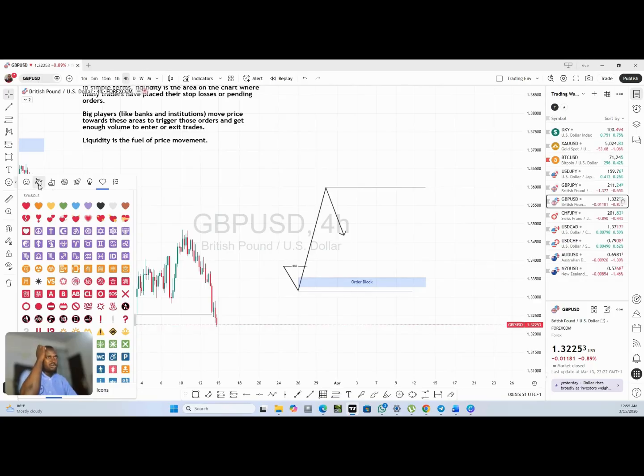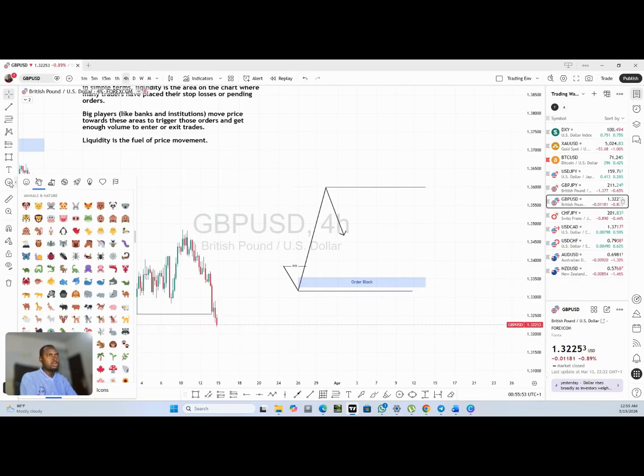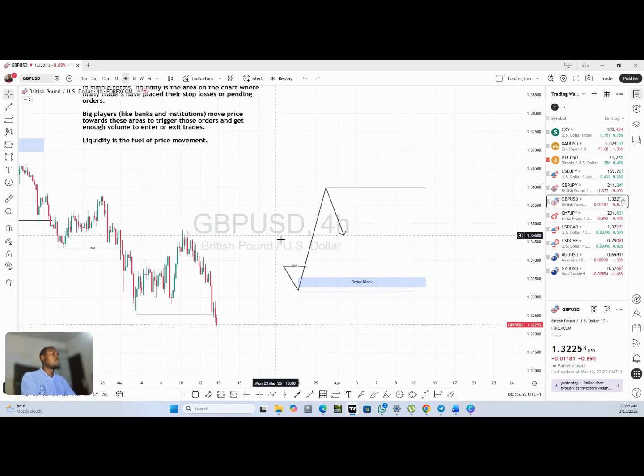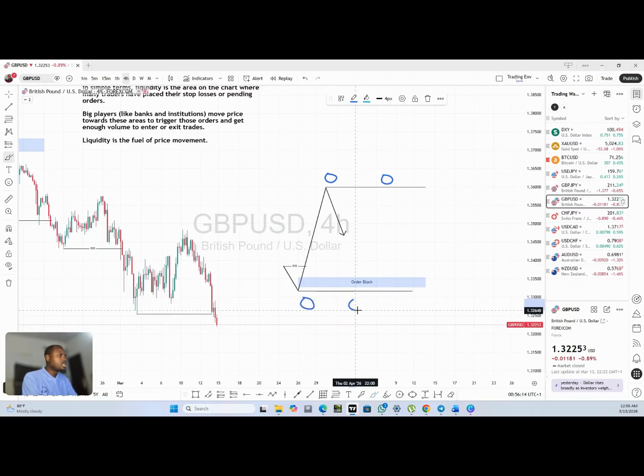So let's assume any liquidity that we can get here is an external range liquidity. Any liquidity that we can find outside our dealing range, that's external liquidity.